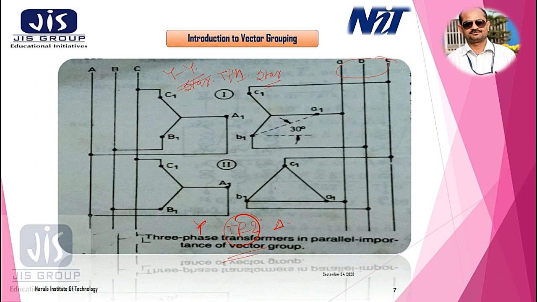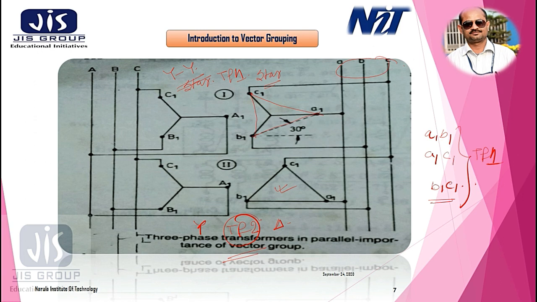Similar for delta also. Now look, for this transformer, what is the line voltage? The line voltages are A1, B1, A1, C1, and B1, C1. So these are the line voltages of transformer 1.